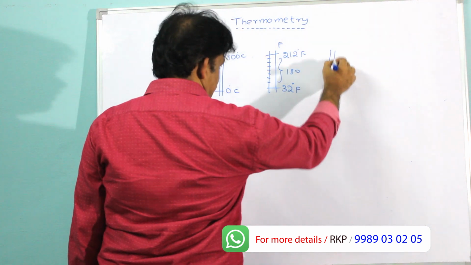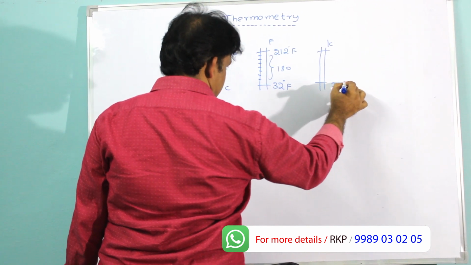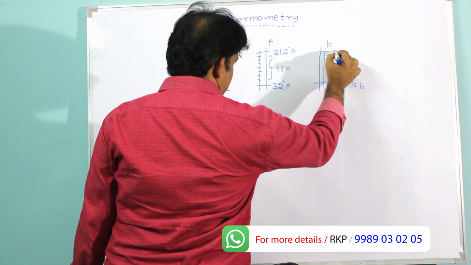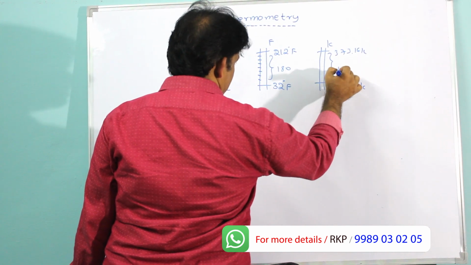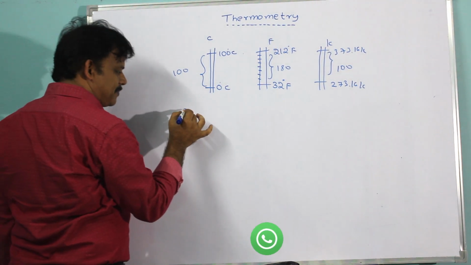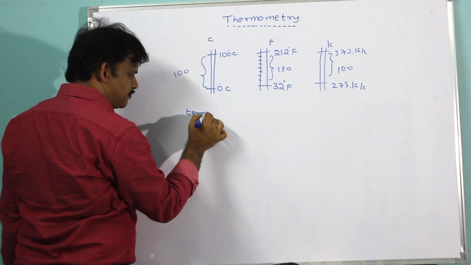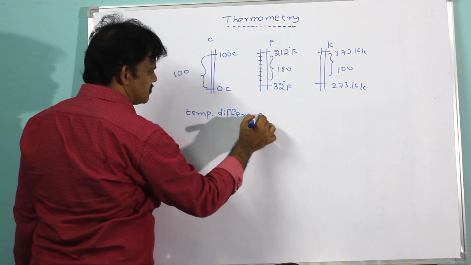In the Kelvin scale, lower fixed point is at 273.16 Kelvin, upper fixed point is at 373.16 Kelvin. What is the gap? 100. So let me tell you the temperature difference relation.